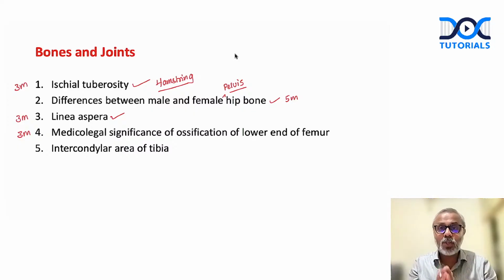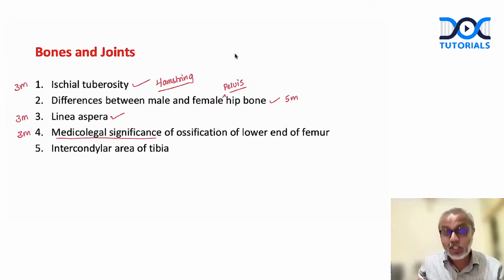The appearance of the ossification center for the lower end of the femur indicates fetal maturity, that the fetus was capable of independent existence. So this is one of the most important topics which can be asked for a 3 marker question.